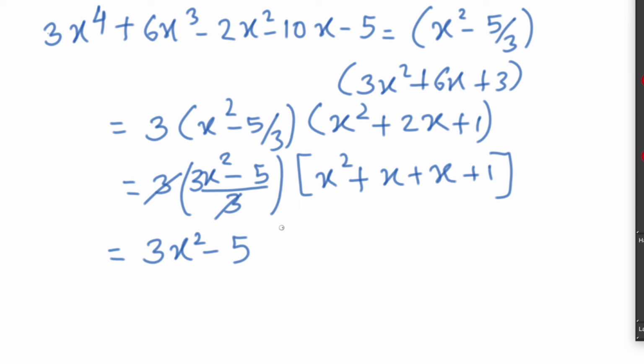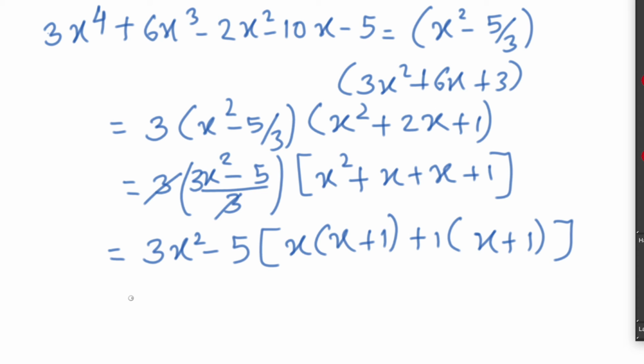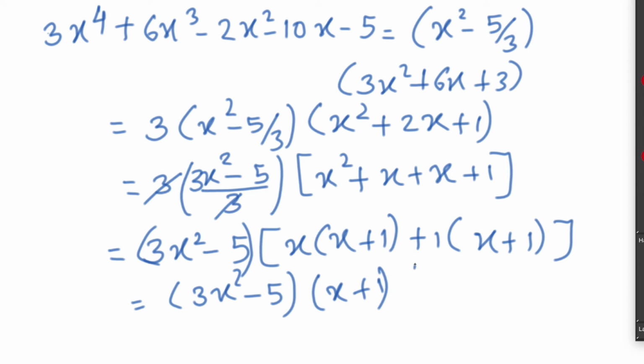So I am factorizing further. I am taking x common here, so we will get x plus 1, then again 1 is common, so we write x plus 1. Close the square bracket. So we will get the factors as 3x square minus 5, which gives root 5 by 3 and minus root 5 by 3, and the rest two are x plus 1 and x plus 1.